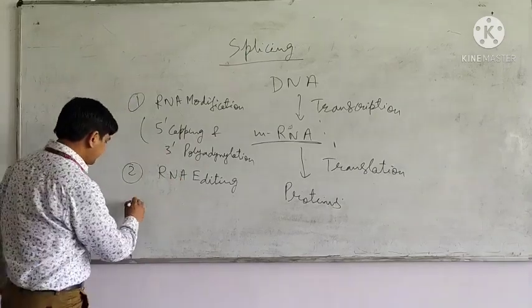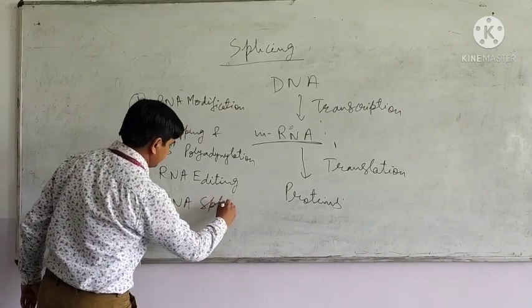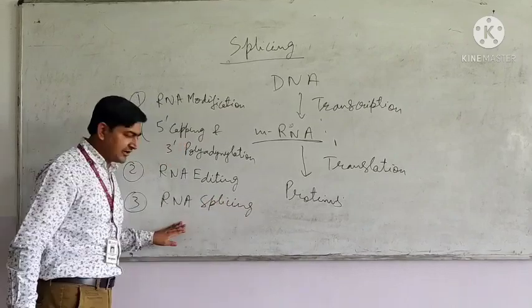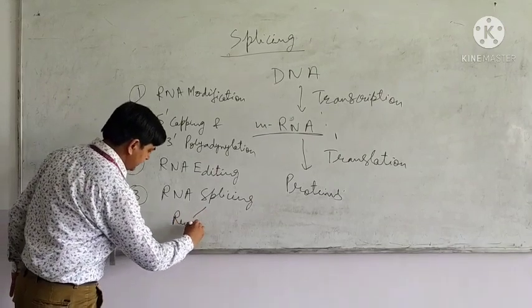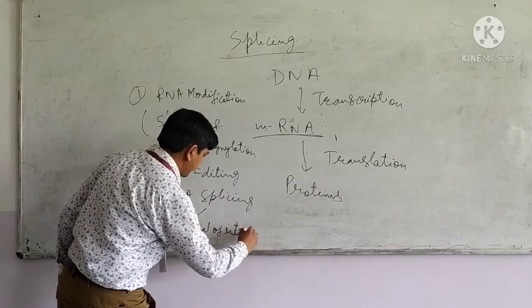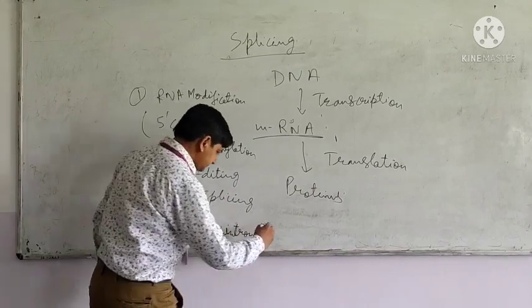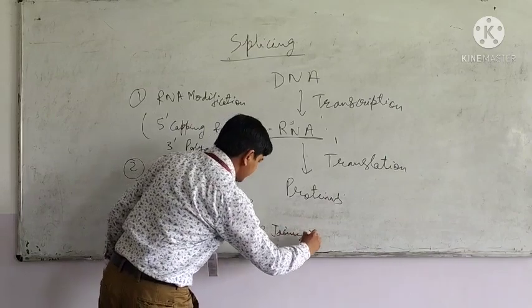The third is RNA splicing, which we are discussing this time. It includes removal of introns and joining of exons.